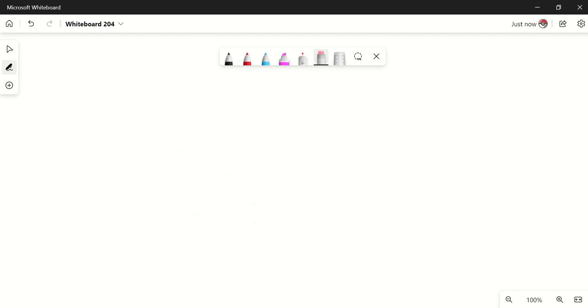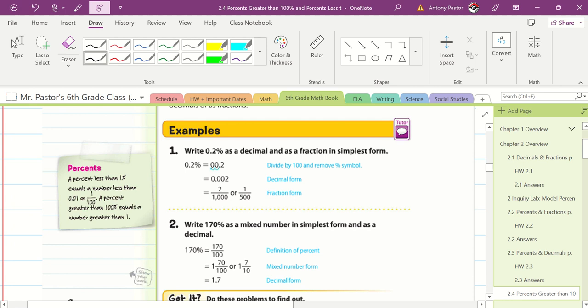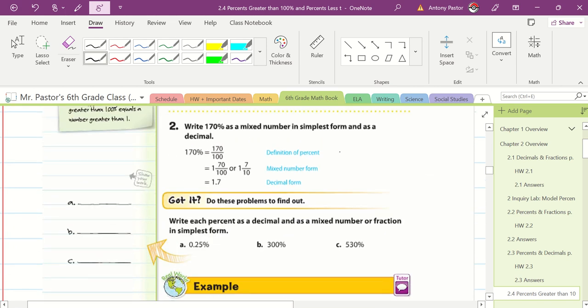Now, those two things are very important to have in your notes and to remember because we're going to be utilizing this a lot. So, example number 2: write 170% as a mixed number in simplest form and as a decimal.